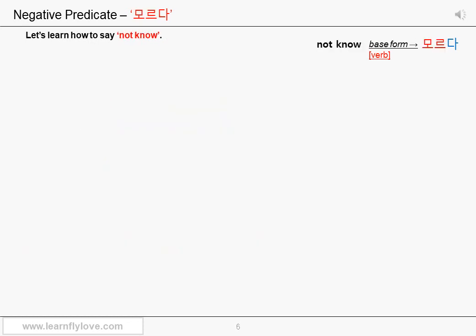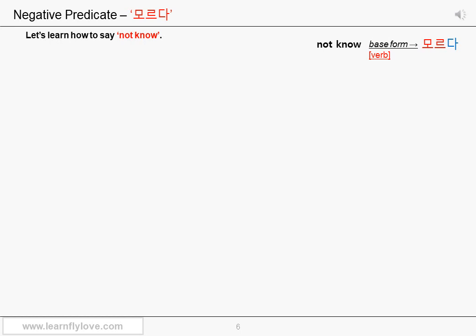Now let's learn how to say not know in Korean. I don't think there's a verb which means not know in English. Maybe unaware can be the closest word in English, but this is a verb. The base form of this verb is 모르다.